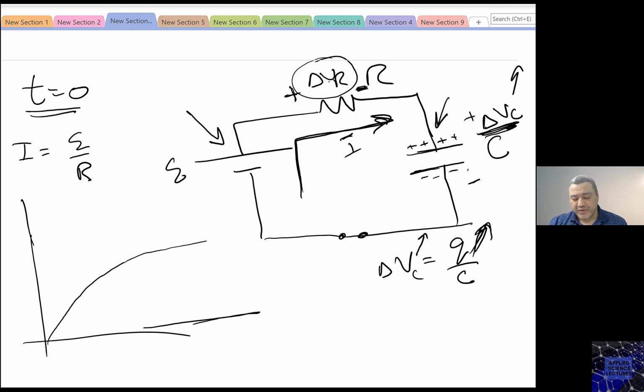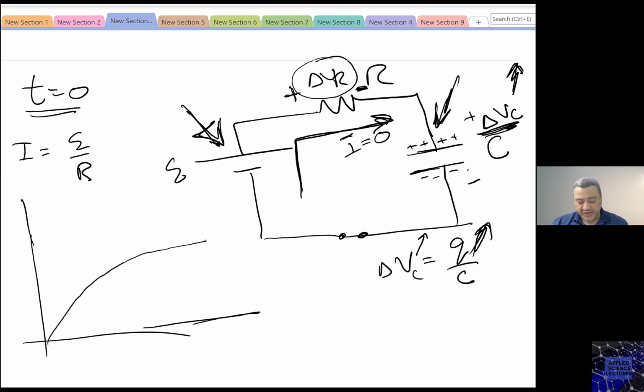Because delta VC is increasing, the difference between the potential at this point and the potential at this point will shrink until the potential here becomes the same as the potential here, and then the current will stop and the charges will stop flowing.